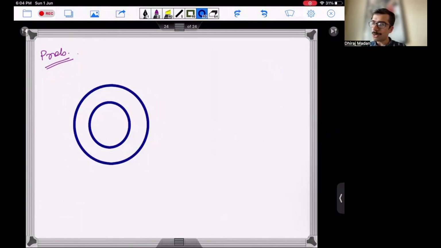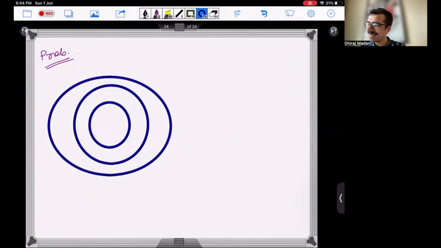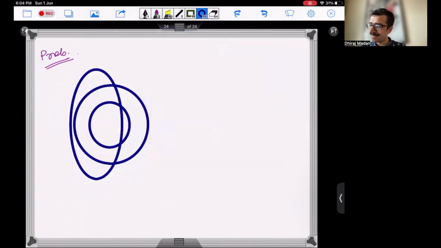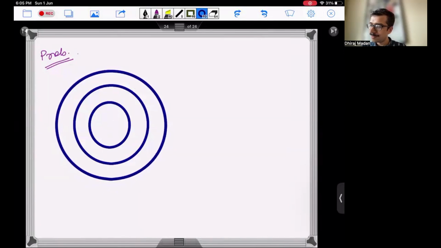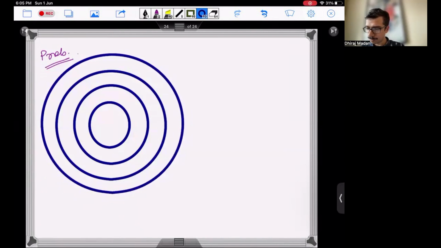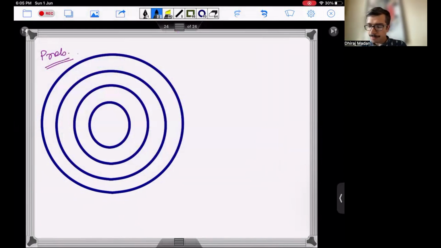Okay, by the way, these are not orbits of electrons or planets. Okay, this is just a sketch of the sort of shells. So let's say that we have a cavity.